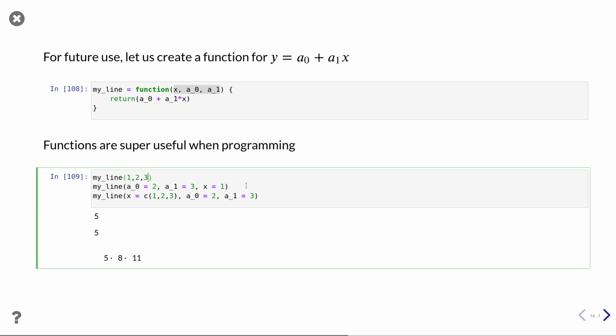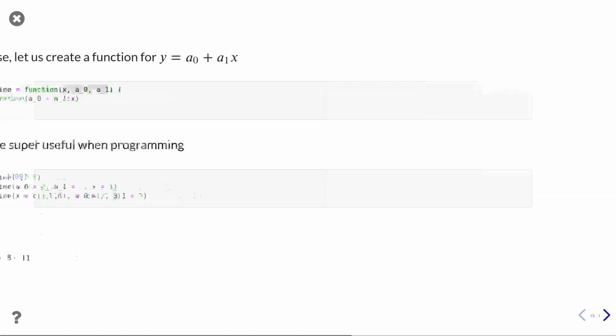The second call does the same thing. The third one does the computation for x equals 1, x equals 2, and x equals 3, and you can see I get 3 results. The first one is like the other two, of course, because it's the same call. The second one is 8, and the third one is 11. This is really useful, and you'll see in a second why.